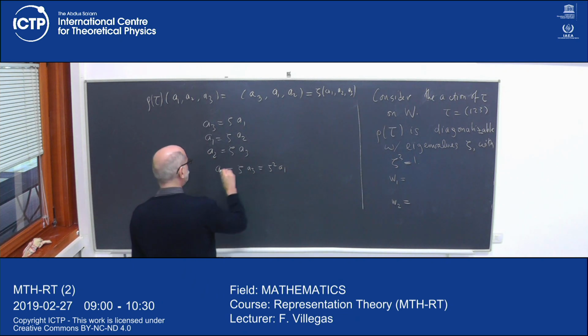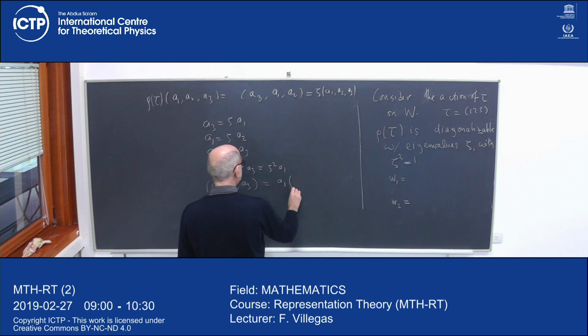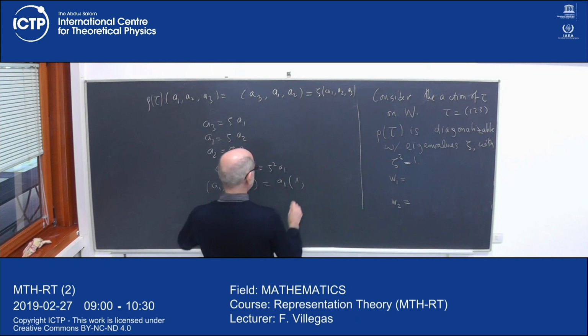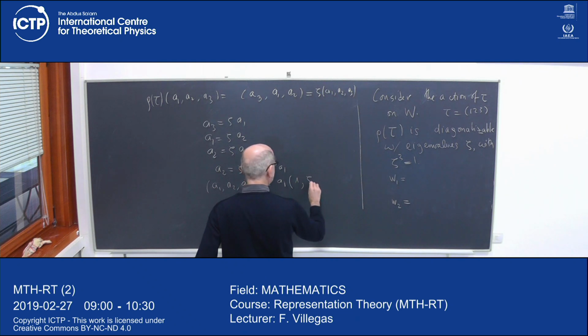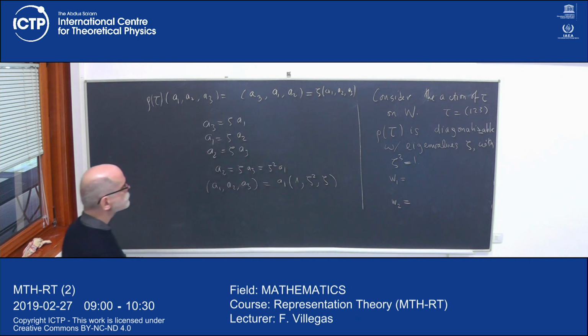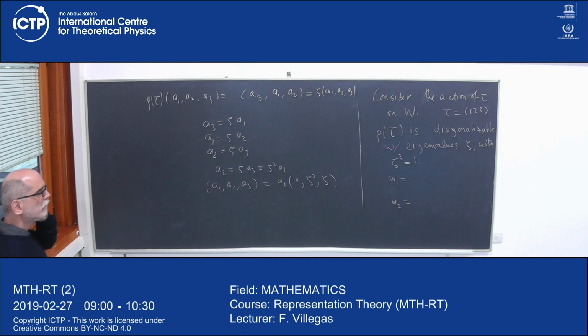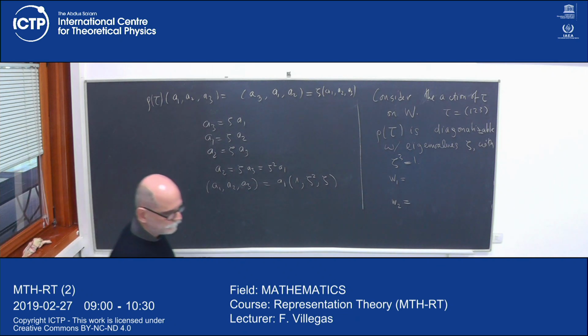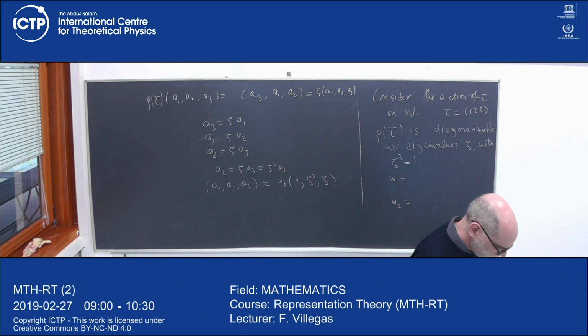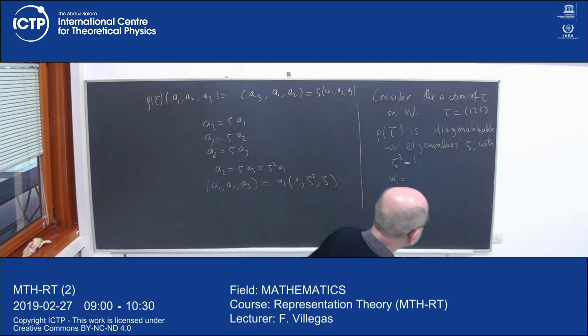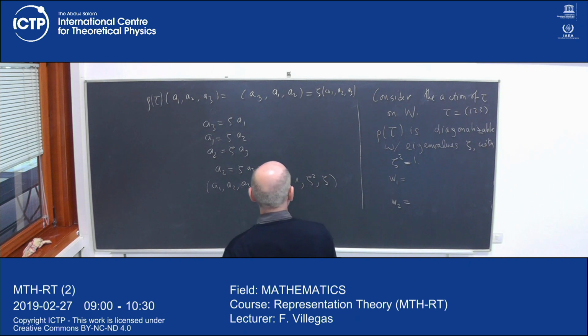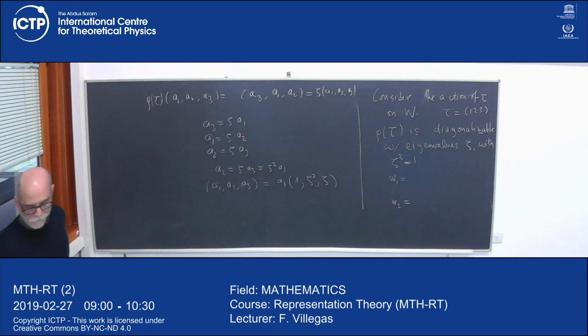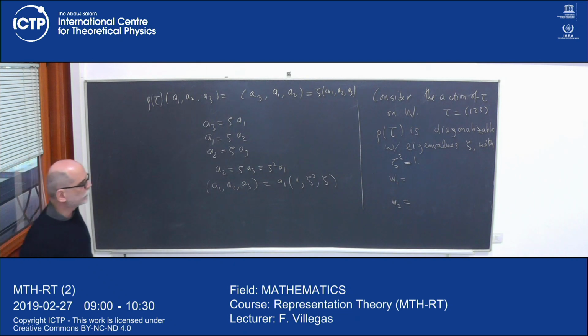And so we get the vector A1, A2, A3 is A1 times 1, zeta squared, zeta.